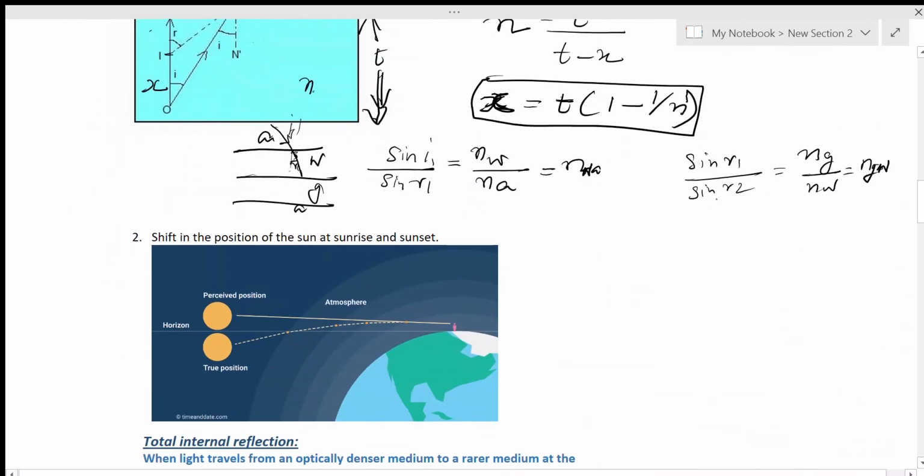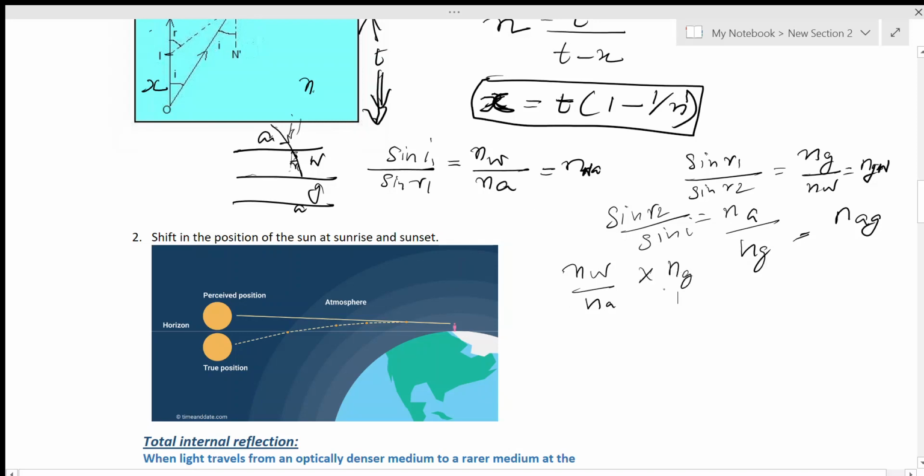Similarly, in the case of the next part of the ray, that is sine R2 divided by sine I, that is again NA divided by NG, which is equal to NAG. So if you multiply all this, what you can see is NW by NA into NG by NW into NA by NG.